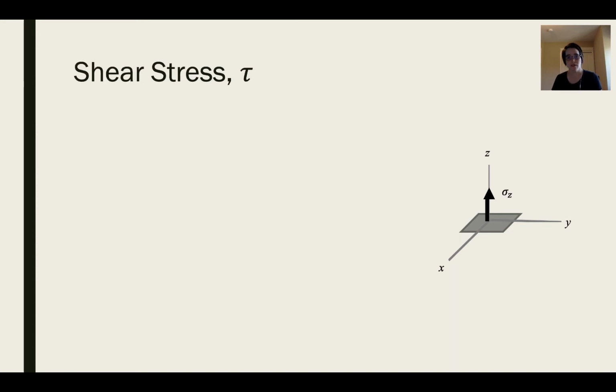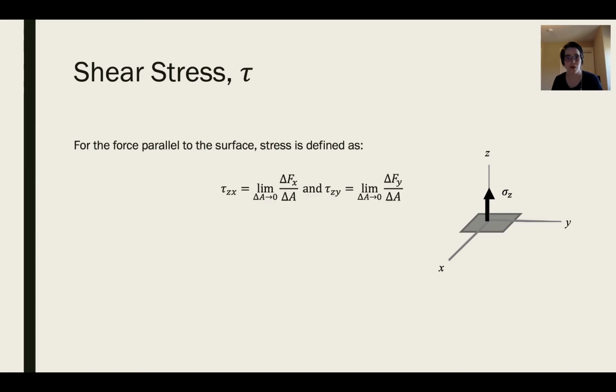The shear stress, which we represent with the Greek letter tau, describes the force parallel to the surface, and similar to the normal stress is defined as a limit. But there's 2 forces here. There's the one along the x-axis, and there's the one along the y-axis in the figure shown.